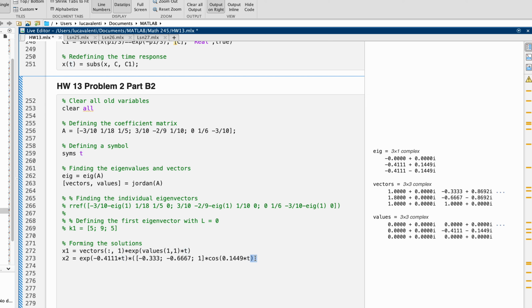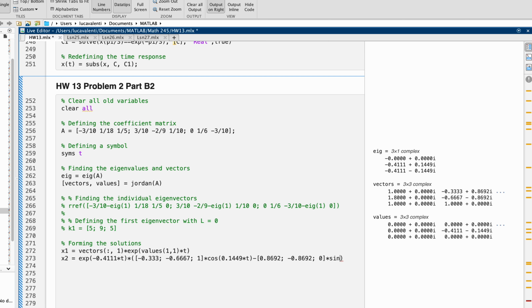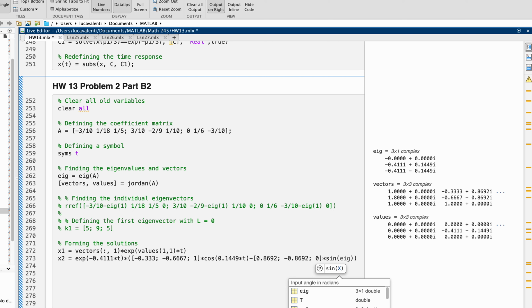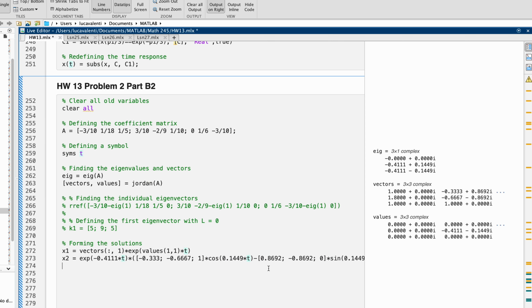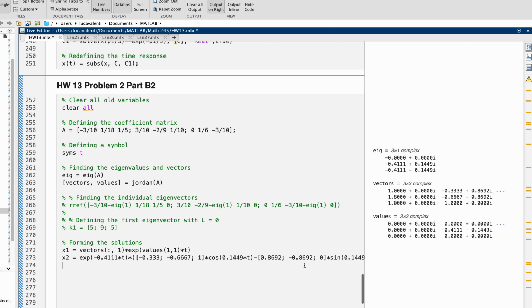And then I'm going to subtract the other eigenvector part, which is the imaginary part, which is 0.8692, semicolon, negative 0.8692, semicolon, 0. And that's going to be multiplied by the sine of this. Copy, paste in there. So that's going to be a second solution, right?